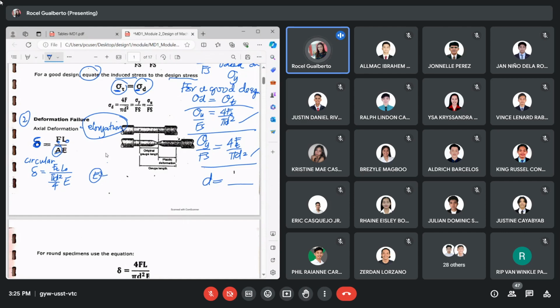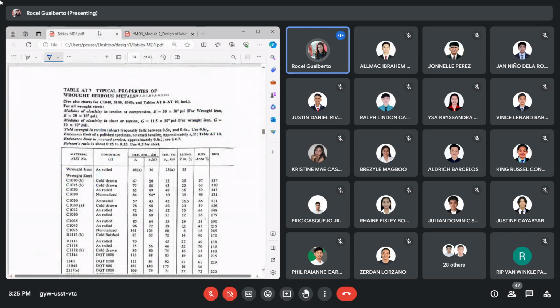Halimbawa po, kunin po natin is for C1020 as rolled. Okay? Say C1020 as rolled. So puntahan po natin yung design tables po natin. Okay? So 1020 as rolled may be seen at table 87. So everybody, you go to table 87 po. Okay?